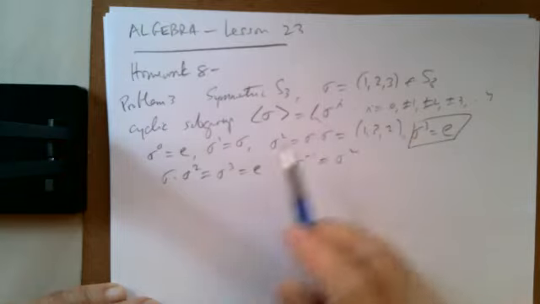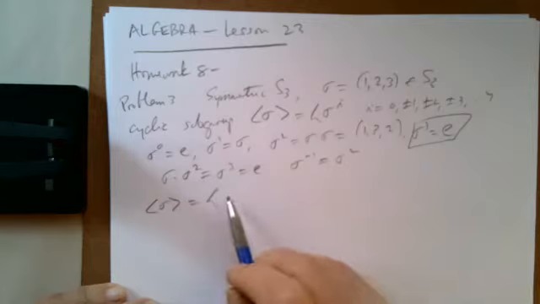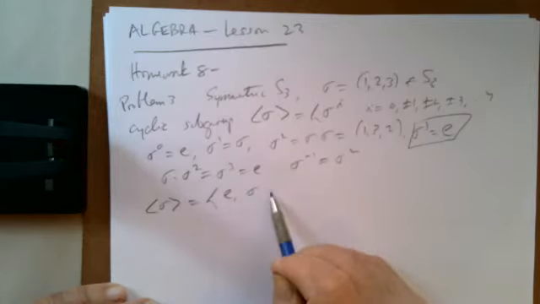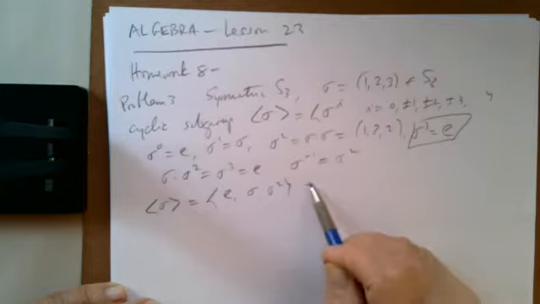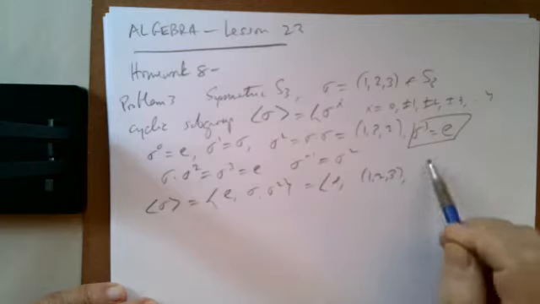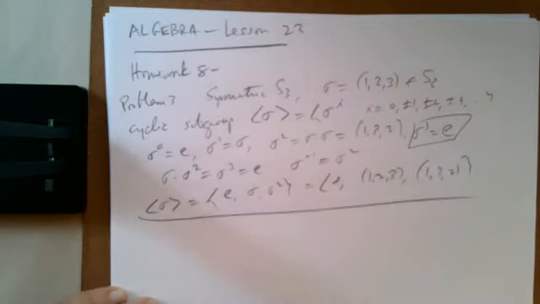So when you're looking at all the powers of sigma, you really just get a set consisting of 3 different permutations: the identity, sigma and sigma squared. That is the identity, the 3-cycle (1 2 3), and the 3-cycle (1 3 2). So this is the cyclic subgroup generated by sigma.